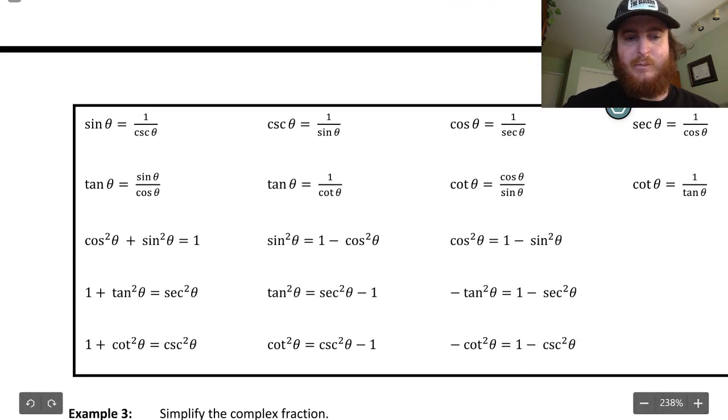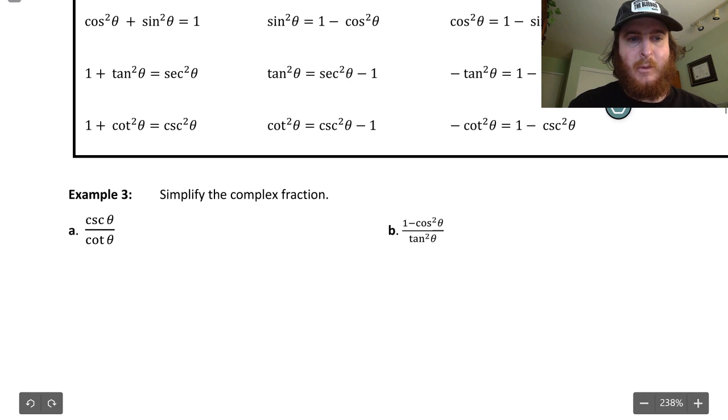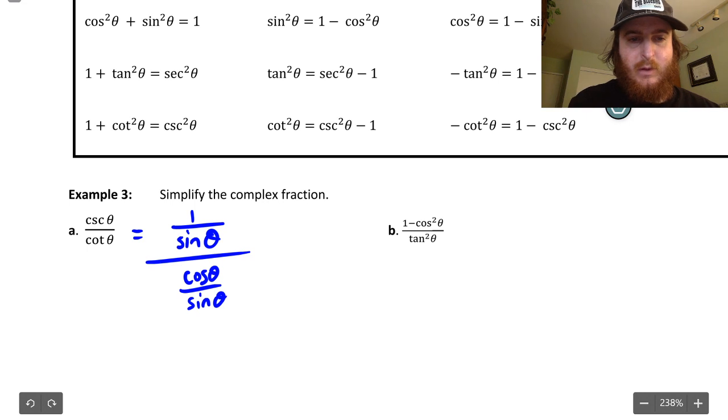So when we do these examples, we're going to end up with some more fractions, and we may have to do stuff like that. So in this case, cosecant theta, we can write as 1 over sine theta. If we just did one at a time and we have cotangent theta, nothing's going to happen. So I'm going to do both of these. Cotangent theta is cosine theta over sine theta.